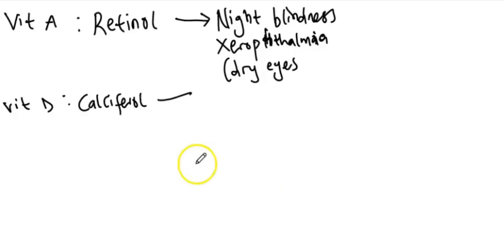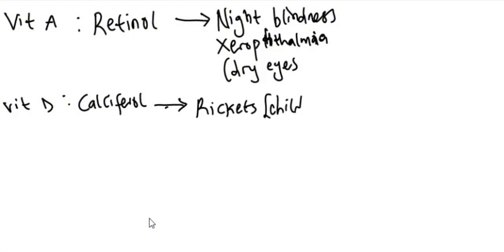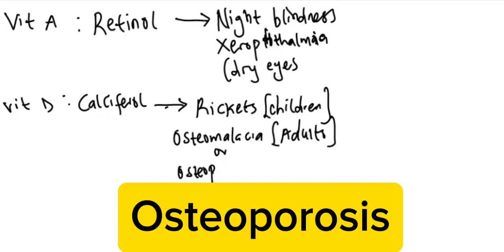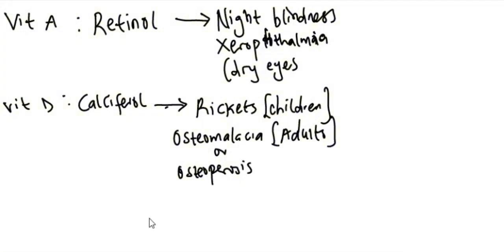Now the deficiency of this vitamin D will cause rickets in children, and it will cause what we call osteomalacia in adults. Osteomalacia is also called osteoporosis, which means softening of the bones. The bones become soft and fragile.